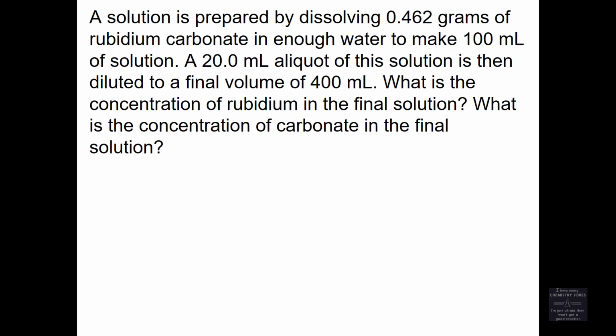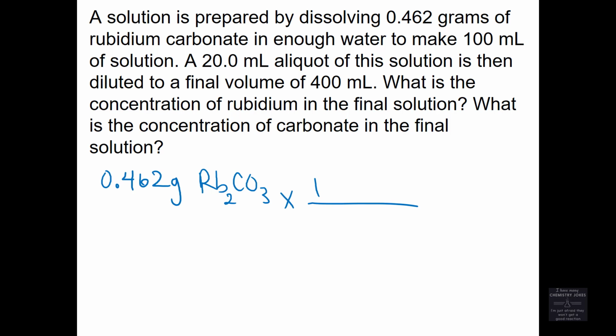So we'll start with trying to determine what's the initial concentration of solution A, that thing I just erased. 0.462 grams of rubidium carbonate. Rubidium is a +1, carbonate's a -2, so this is rubidium carbonate, Rb2CO3.